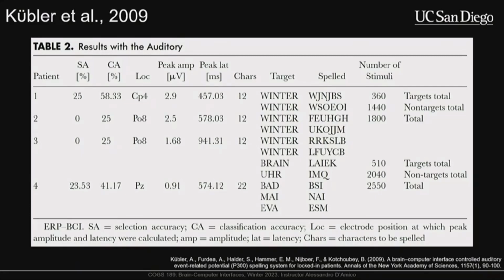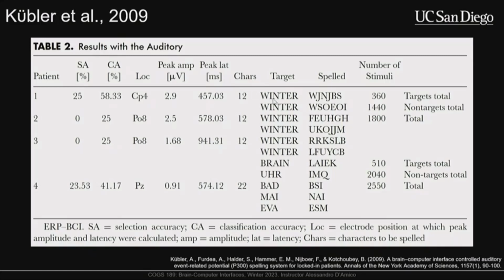So in this case, we have the target letter. The important thing here is the target letter and then the letter that was spelled. For example, if we look at the first subject, they're trying to spell winter. For assessing the selection accuracy, okay, the W is correct. The J is wrong, but it's honestly not super far off.